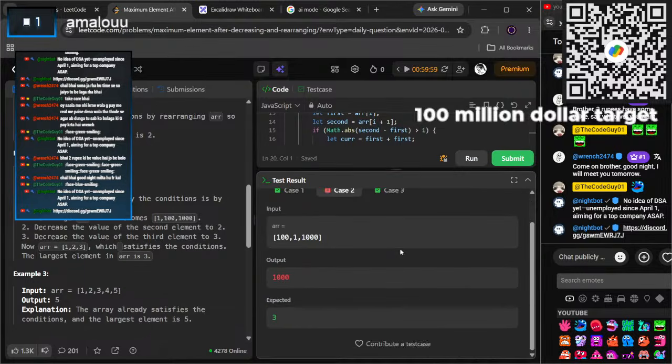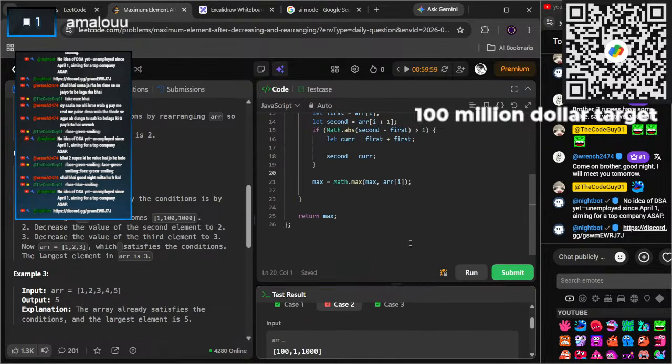I think cleanup is done, but I need to check why this thing is not working. Math absolute of second minus first is greater than 1.